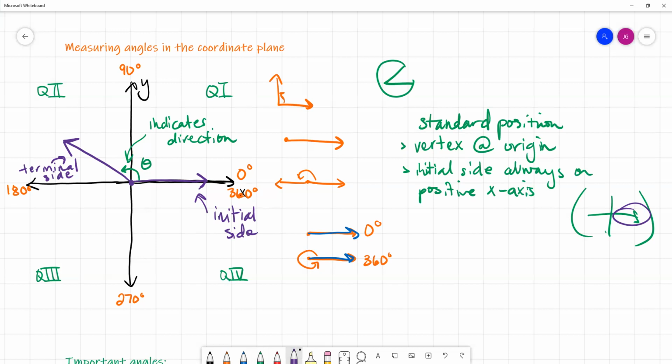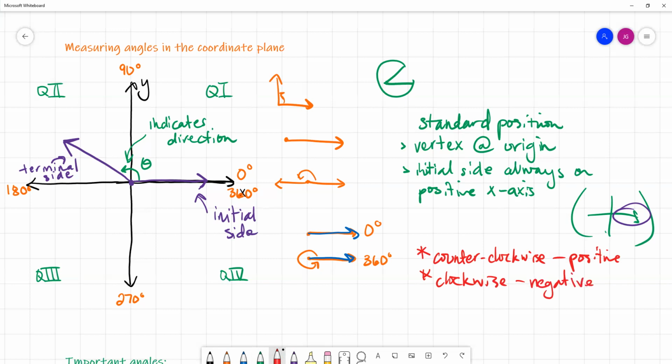Okay, and then one last thing, or two last things, I guess, is the direction. The counterclockwise direction means positive angle. The clockwise direction, so going with the clock, is negative, okay? And if you're not super familiar with analog clocks, the circle ones that have the hands, right?